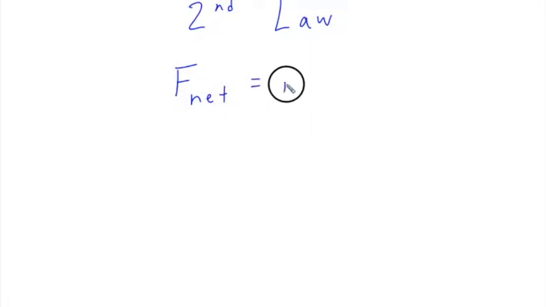Newton's second law is about what if your net force is not zero. The net force is going to equal mass times acceleration. What is it that we mean by net force, by the way? Net force is the sum of all the forces, meaning you add them up, except when things are going different directions.